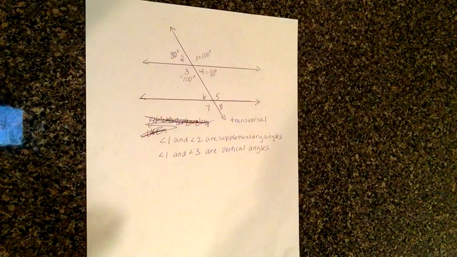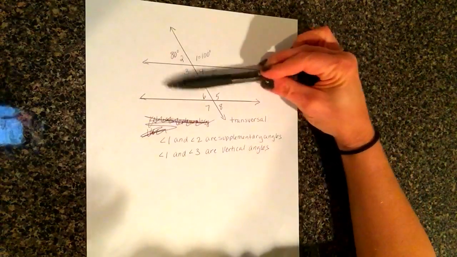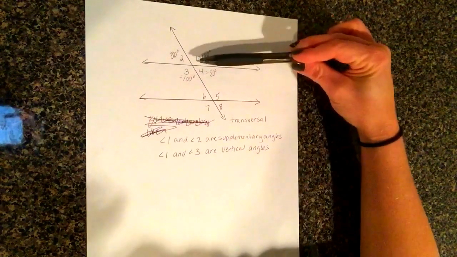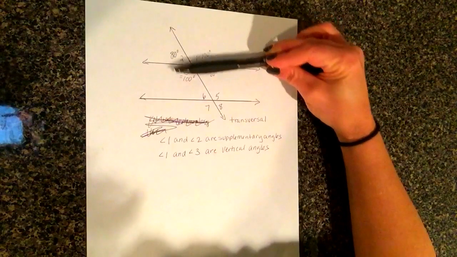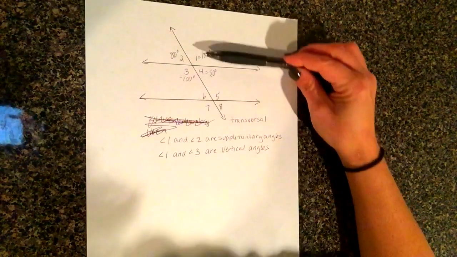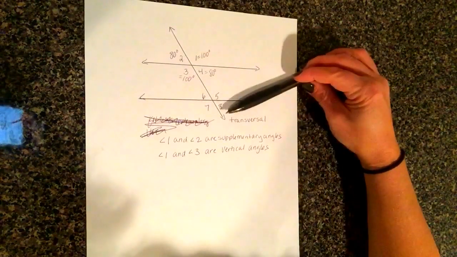Now, we did a hands-on lesson where I had you use the patty paper and trace these angles and then move them down. Remember? When we moved them down on the table, all of these angles landed right on top of these 4 angles.